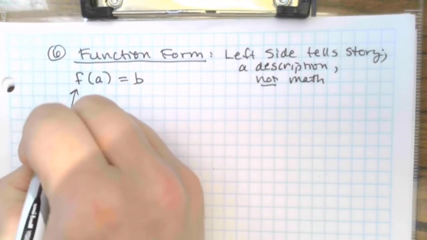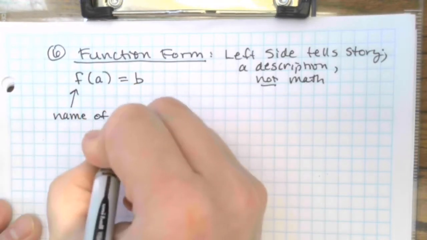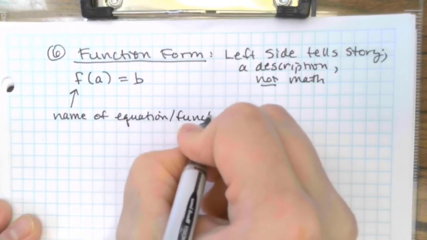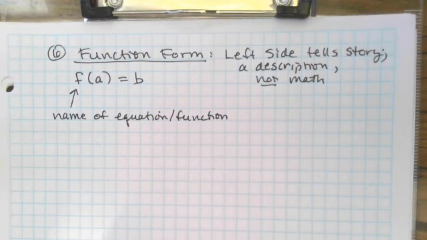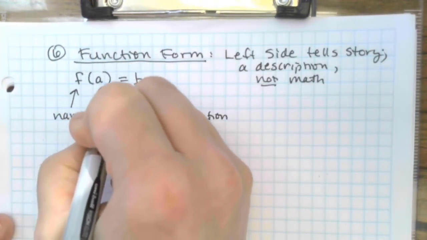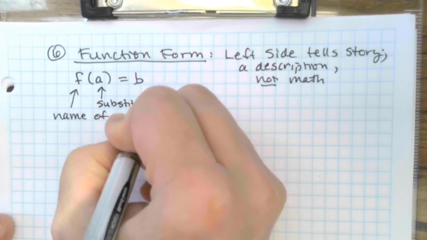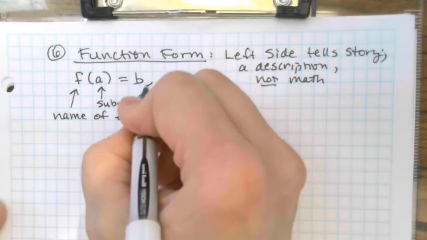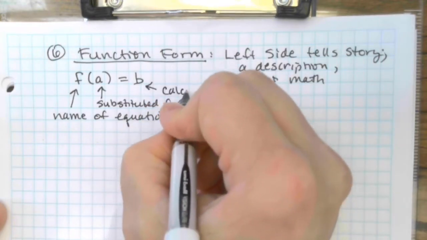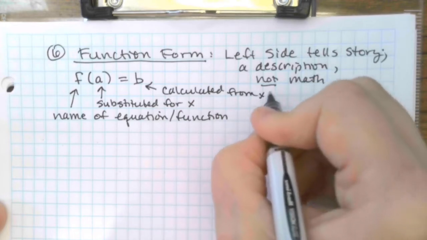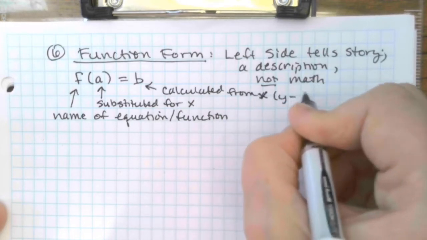So what does this tell us? This is the name of the equation, which we're now calling the function. This is lowercase f. A is what is substituted for x, and b is what is calculated from x. In other words, b is your y term.